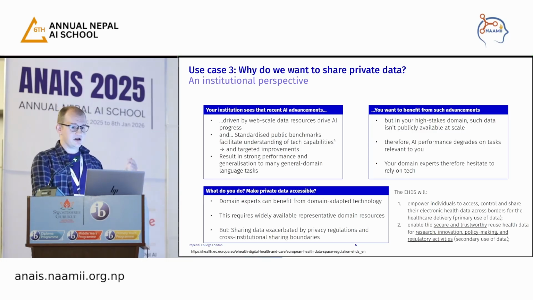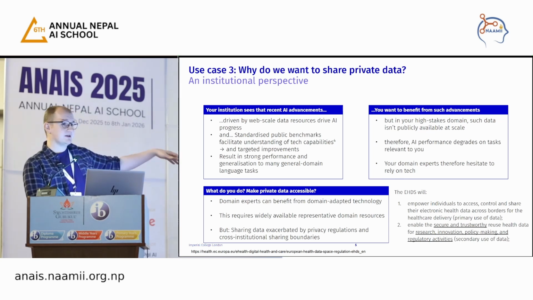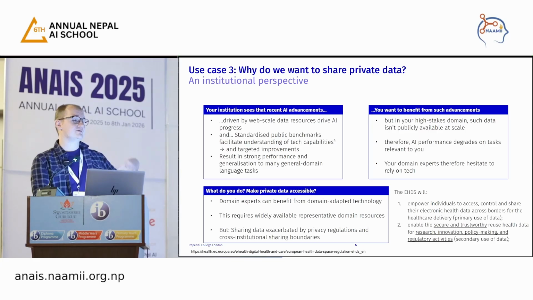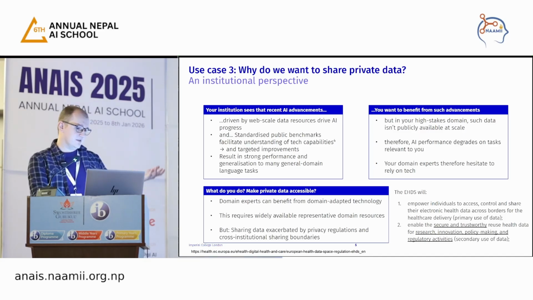So how do you share the data in a more private way where you respect the regulations, but at the same time make sure that whatever AI publicly available trends are going on are also incorporating your specific domain tasks?